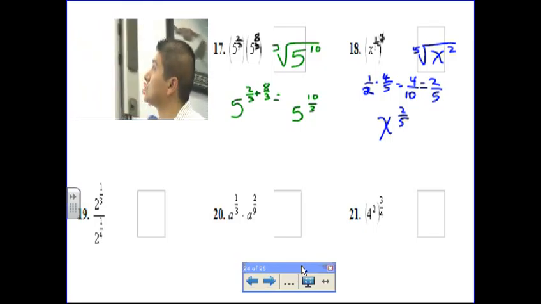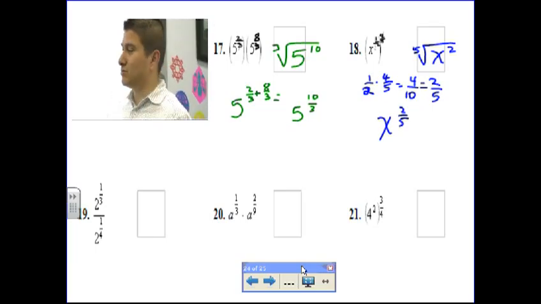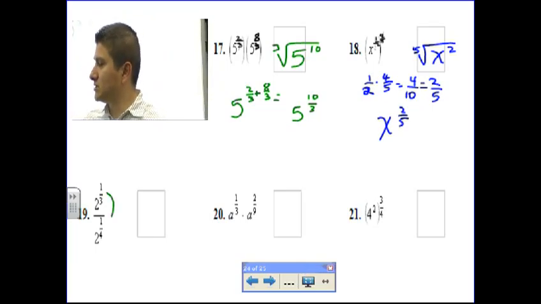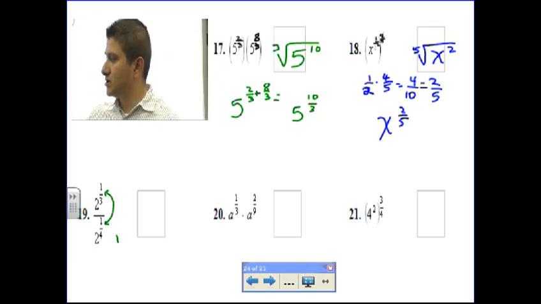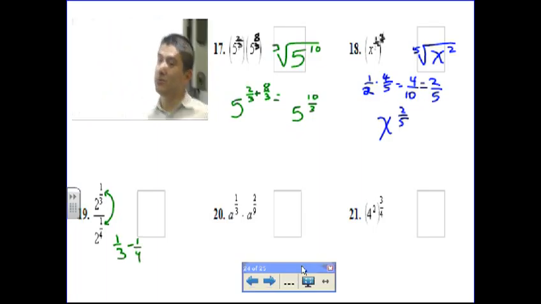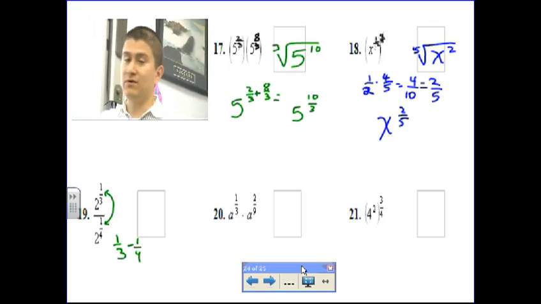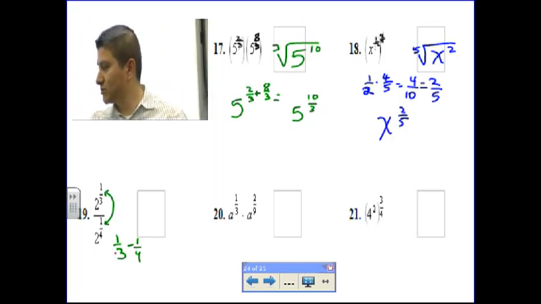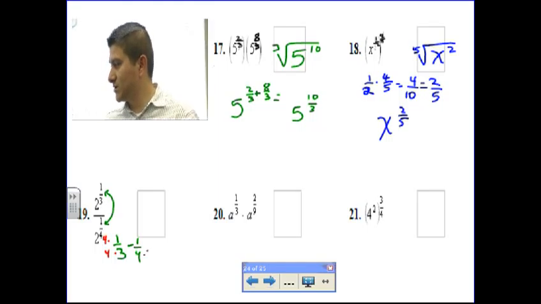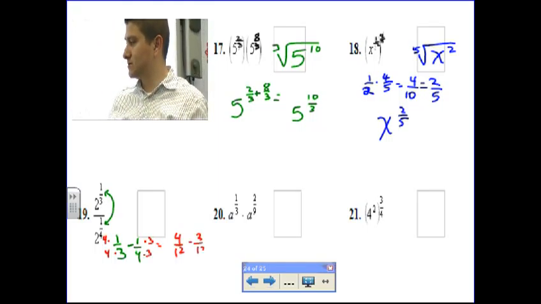Okay. Number 19 is very similar to the problem in part 1 of this video, where we subtracted these powers. These powers you need to subtract. 1/3 minus 1/4. Now if you recall, you can't just subtract fractions. You need to have a common denominator. So I will multiply this by 4, multiply this by 3, and I end up with 4/12 minus 3/12.